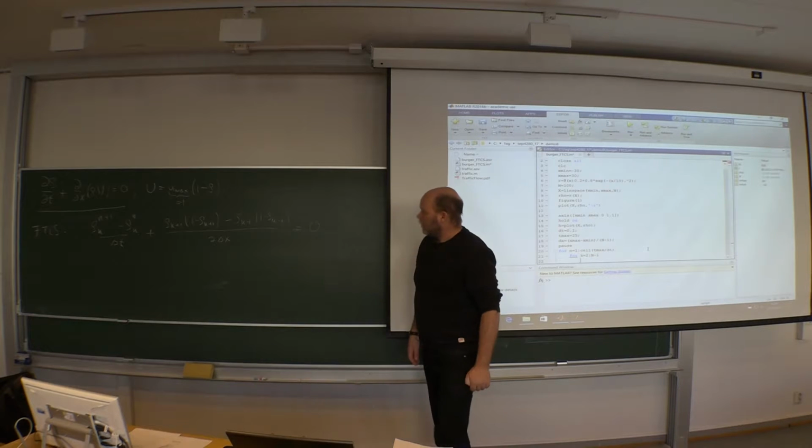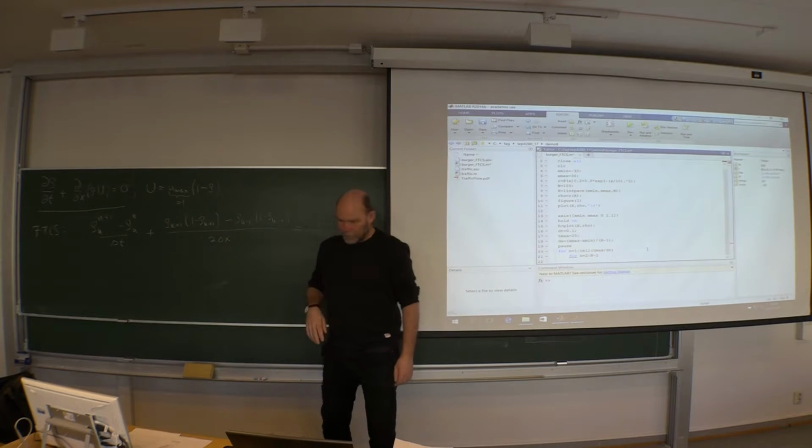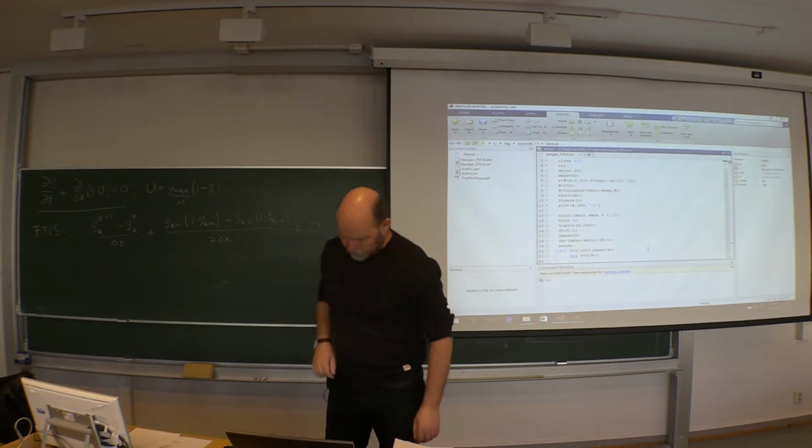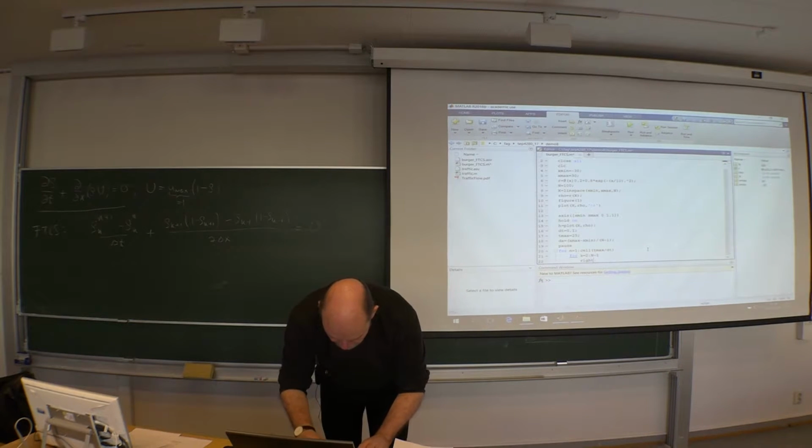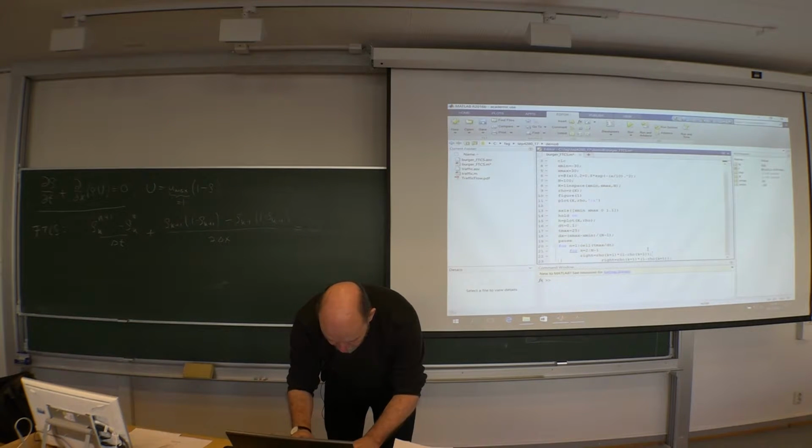Okay, let's create a left and a right here. So the right one should now be rho of k plus 1 multiplied with 1 minus the same rho k plus 1. Then I copy that one and create a left.